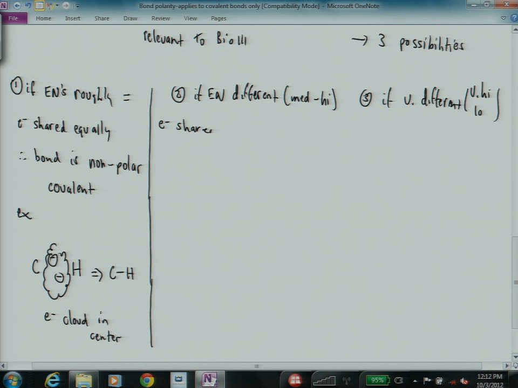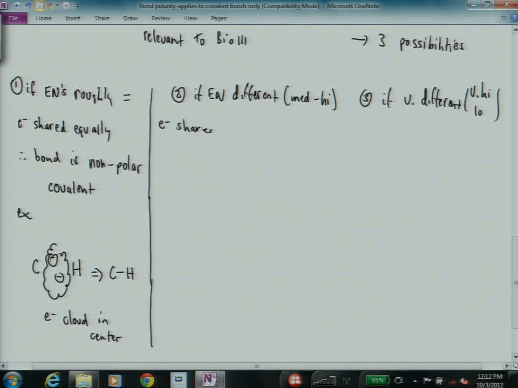And so the electrons are going to spend more of their time around the oxygen because it pulls them more tightly. And so you would write this thing as O-H, but you write them with this little delta. Let me write this very clearly because it's a funny little Greek letter. Delta plus, and delta minus.